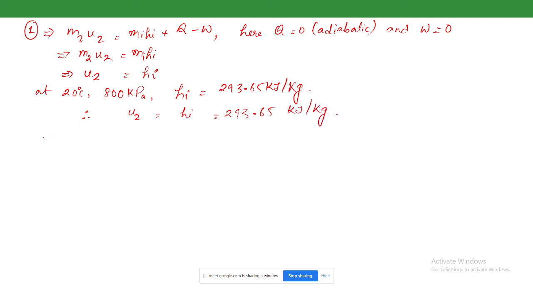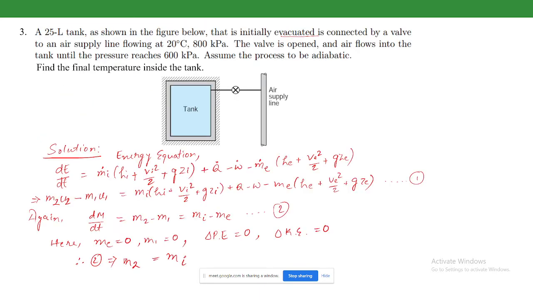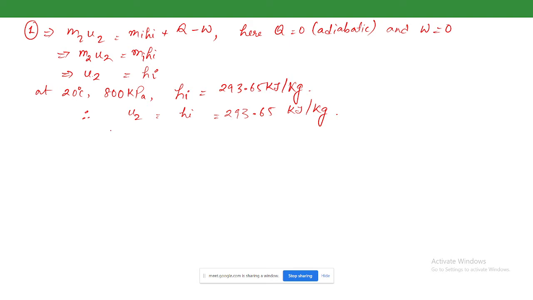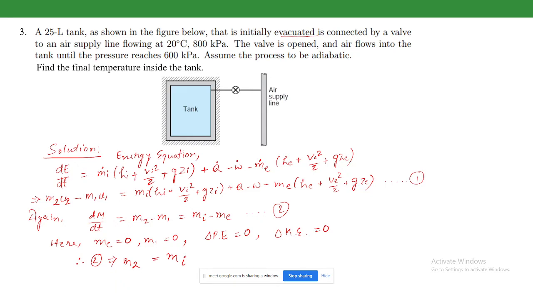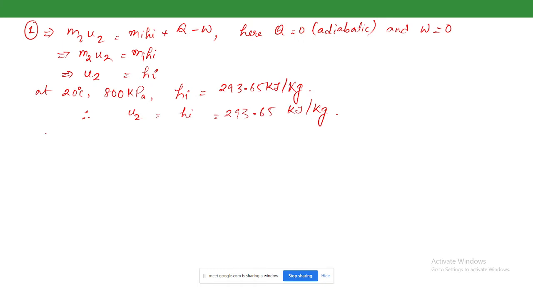Since u is a function of temperature only, we can use the property table for air, corresponding to the final pressure of 600 kPa and u2 equal to 293.65.